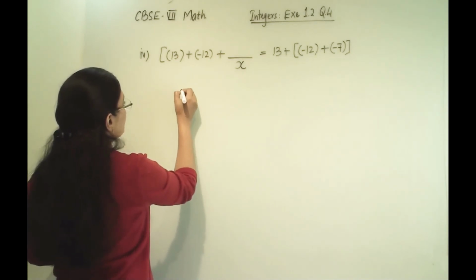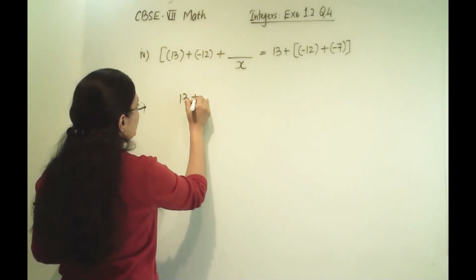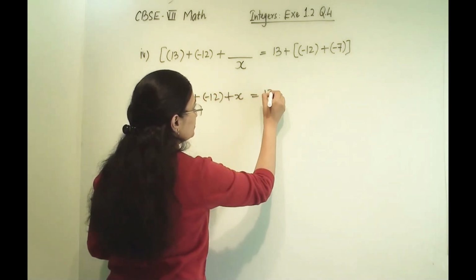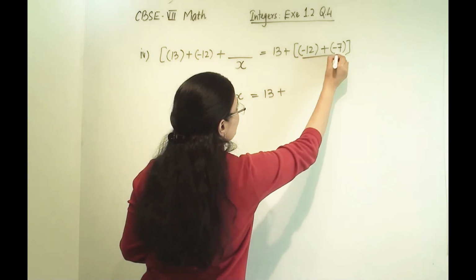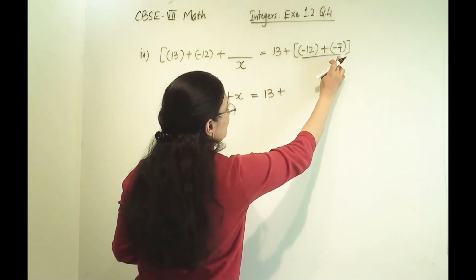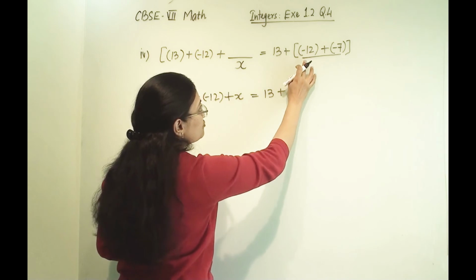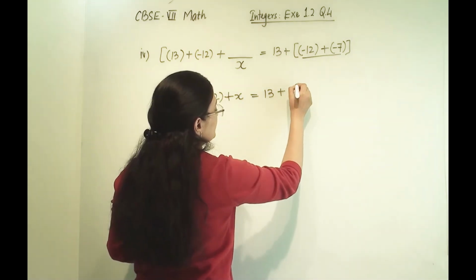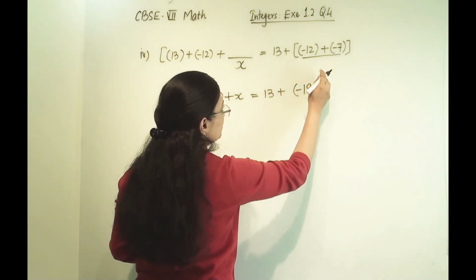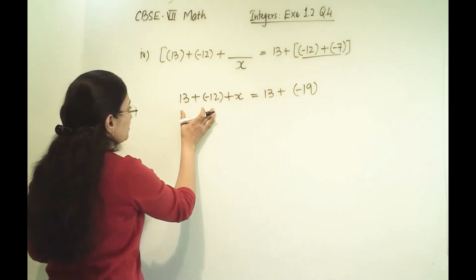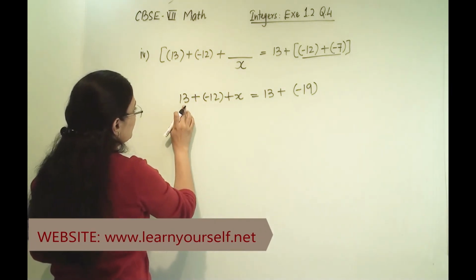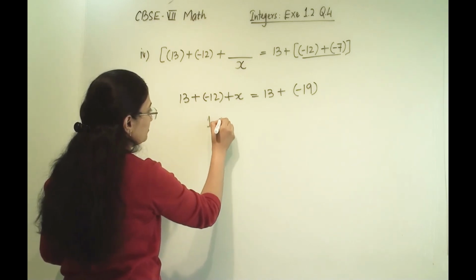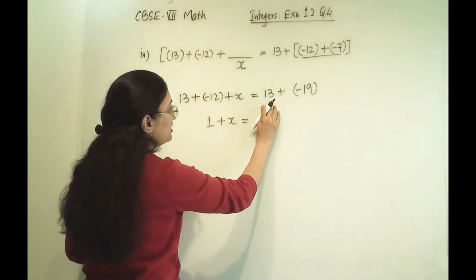So let us see. 13 plus minus 12 plus x equals 13 plus, first we will solve this: minus 12 minus 7. So it is going to be addition. 12 plus 7 we will get 19, and that too minus 19 from this bracket. Now let us solve this. 13 minus 12, we get 1, and that too plus 1, plus x equals 13 minus 19.